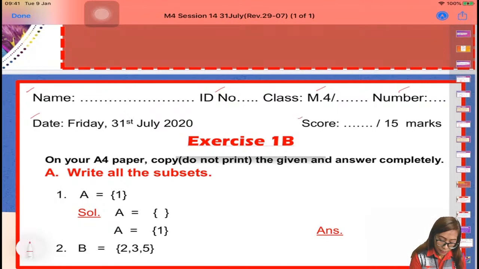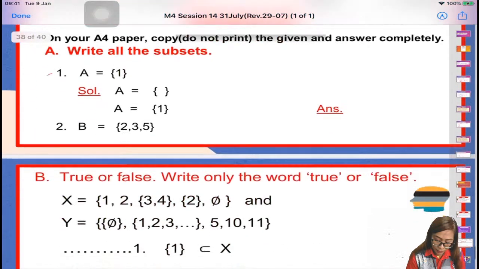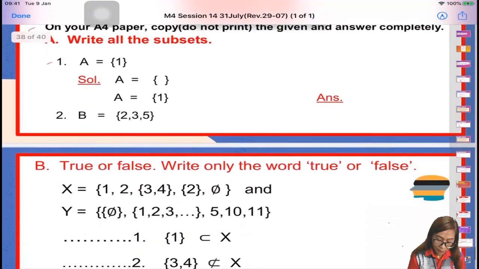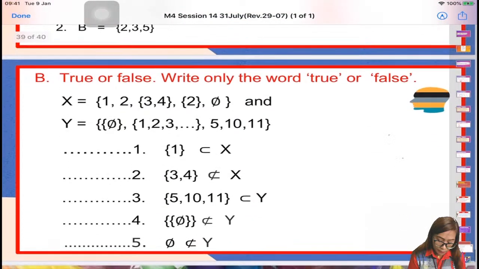And you have to copy on your A4 paper, copy everything and answer completely. You have to copy also number 1. I already had the solution for number 1, so you have SOL and ANS for the answer. You have to do letter B. Number 2, letter B, I mean, and then B, number 1, 2, 3, 4, and 5.